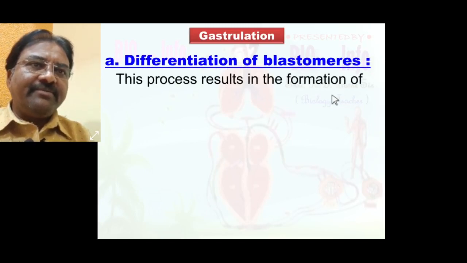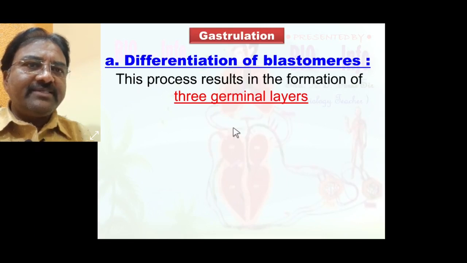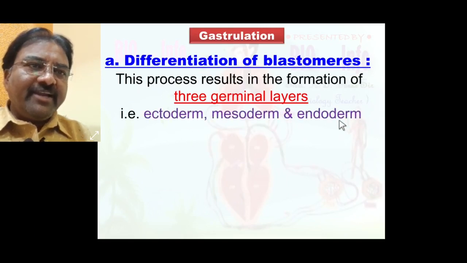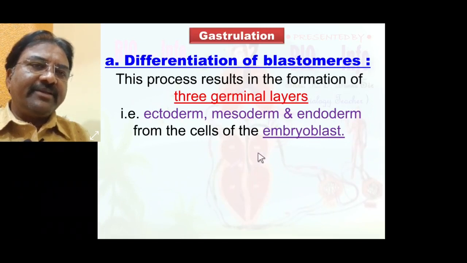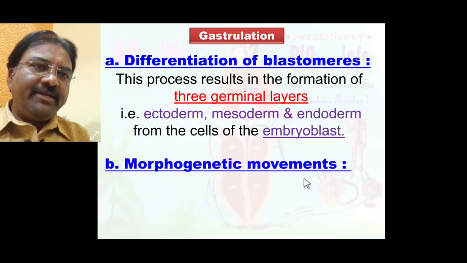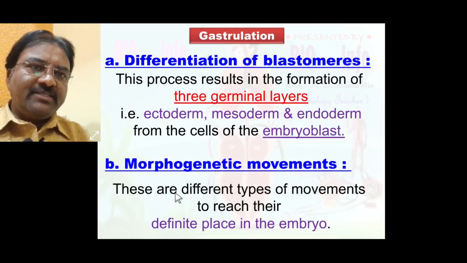This process results in the formation of the three germinal layers, ectoderm, mesoderm and endoderm, from the cells of the embryoblast, which is present in the blastocyst. Morphogenetic movements are different types of movements by which cells reach their definite place in the embryo.